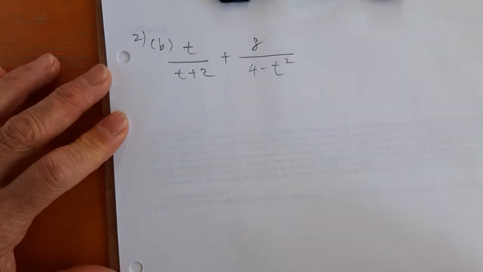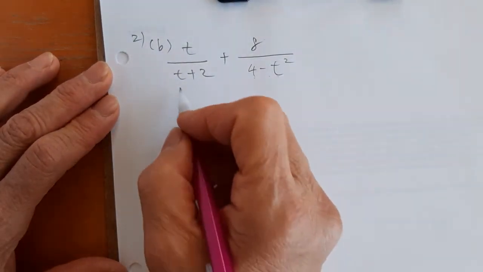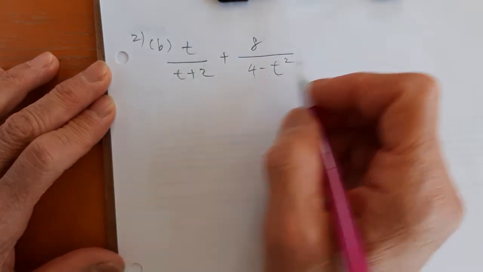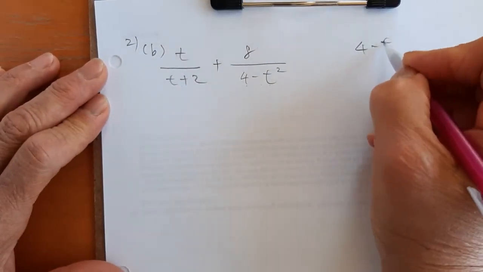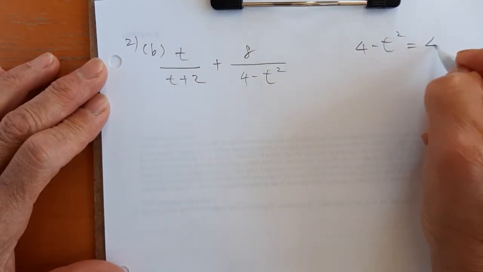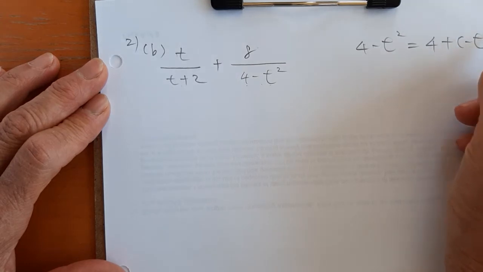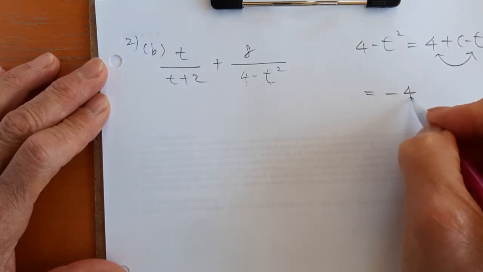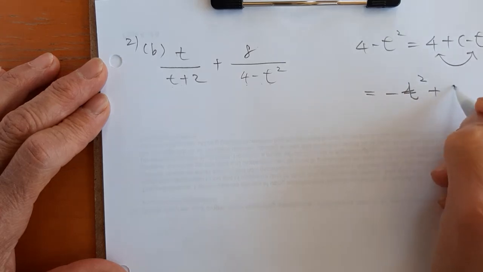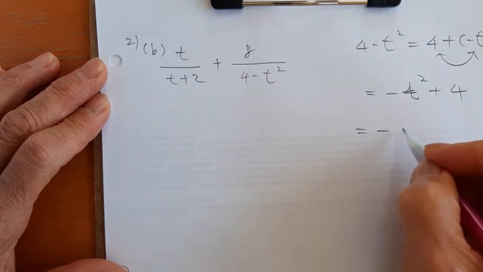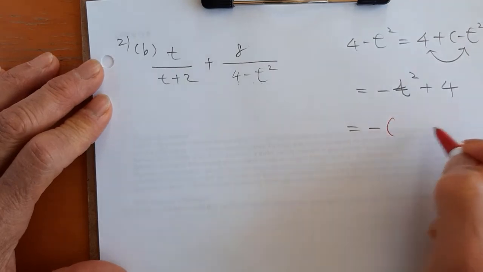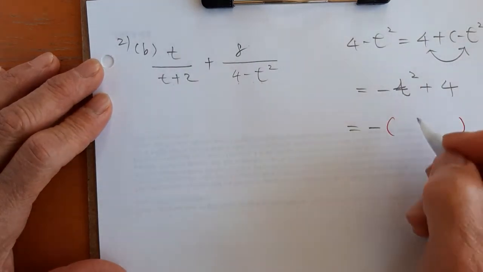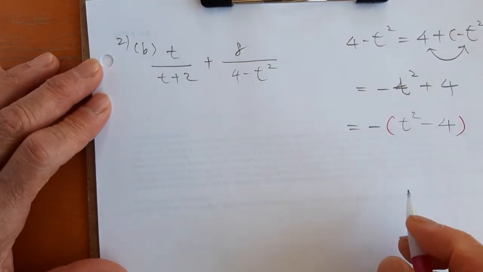Now for this one, 4 minus t squared is equal to 4 plus negative t squared. Exchange the order by the commutative property to get negative t squared plus 4. Then put the parentheses, and you get negative (t squared minus 4).